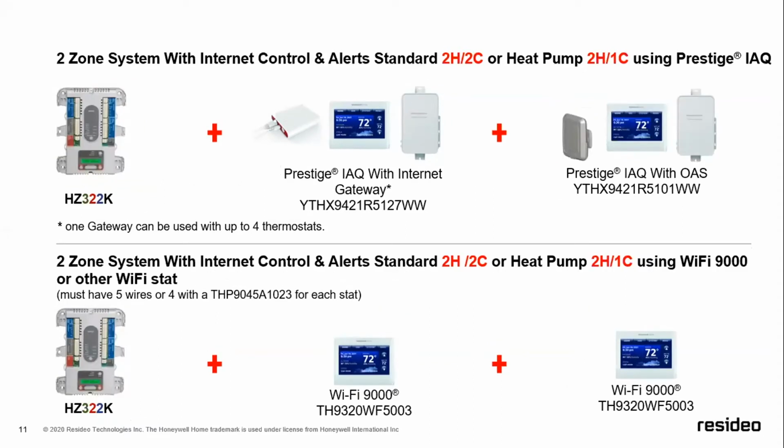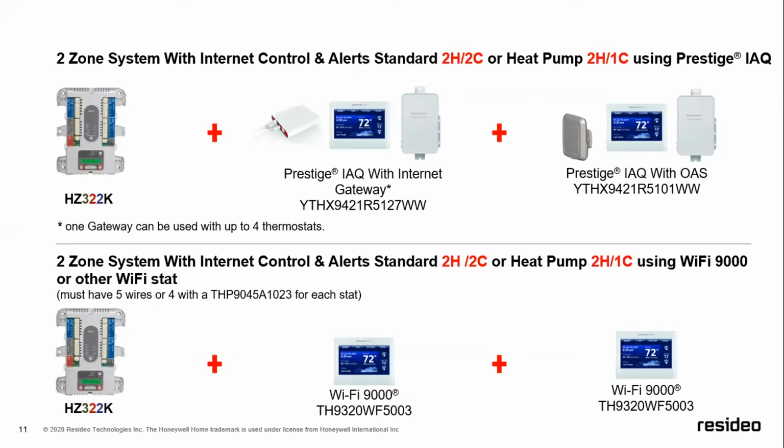Okay, so now we've got your 322, and when you utilize the Prestige kits that are shown there, they have some attributes that go beyond just using the wireless adapter.